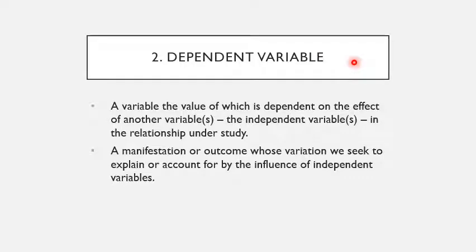What is the dependent variable? The dependent variable is a variable whose value depends on the effect of the other variable, which is the independent variable, in relation to the study. It is a manifestation or outcome whose variation we seek to explain or account for by the influence of the independent variable.